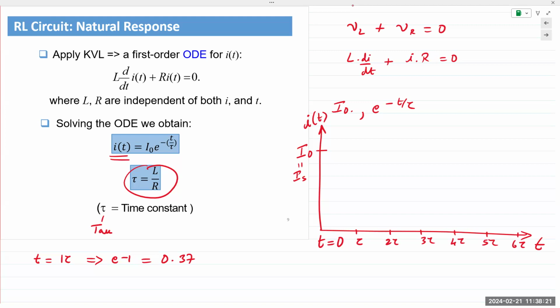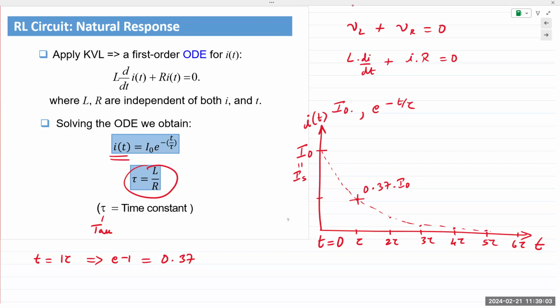So about right here, and then of course, the exponential form. This data point is about 0.37 times I0. 63.21% of this value is lost immediately after the first time constant.